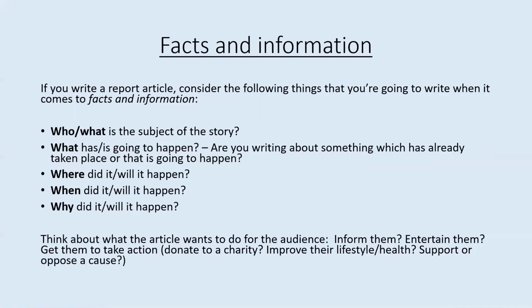That can help you in terms of how you set the article up, and whether you would just be presenting facts and information to them, or whether you would be trying to use things like direct address in order to get them to do something. And it may also have an effect on whether you use a formal or informal style.